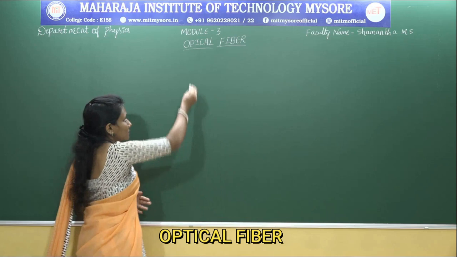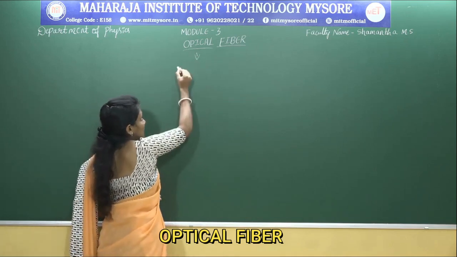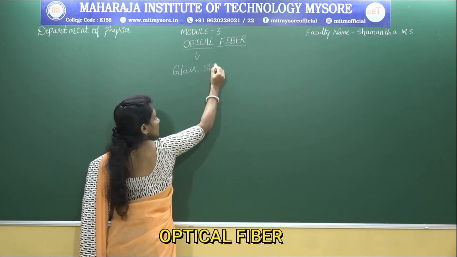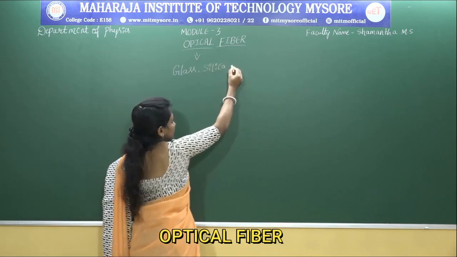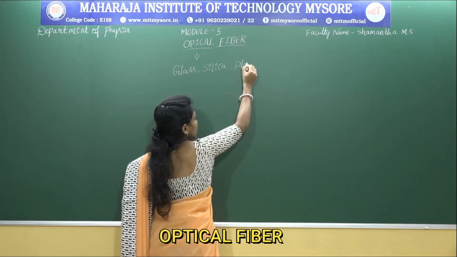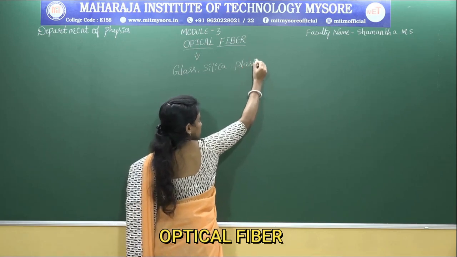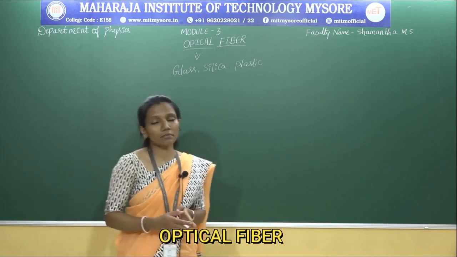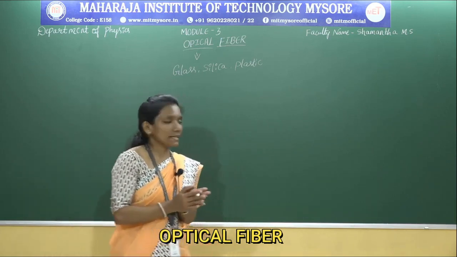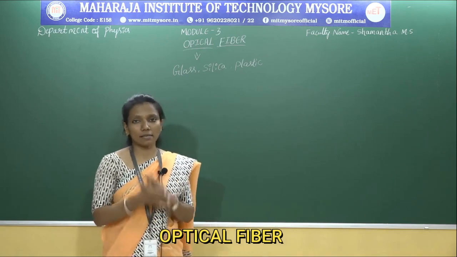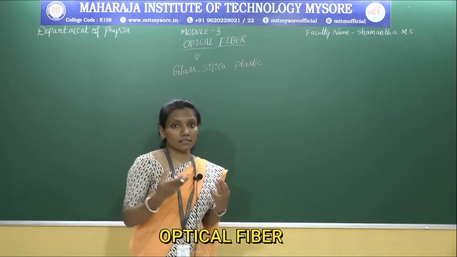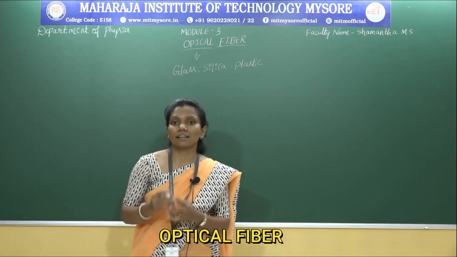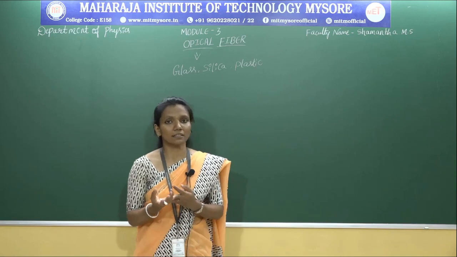Looking at it, it is transparent and flexible, so we can carry it over a long distance and place it any way. Its diameter is thinner than a human hair.